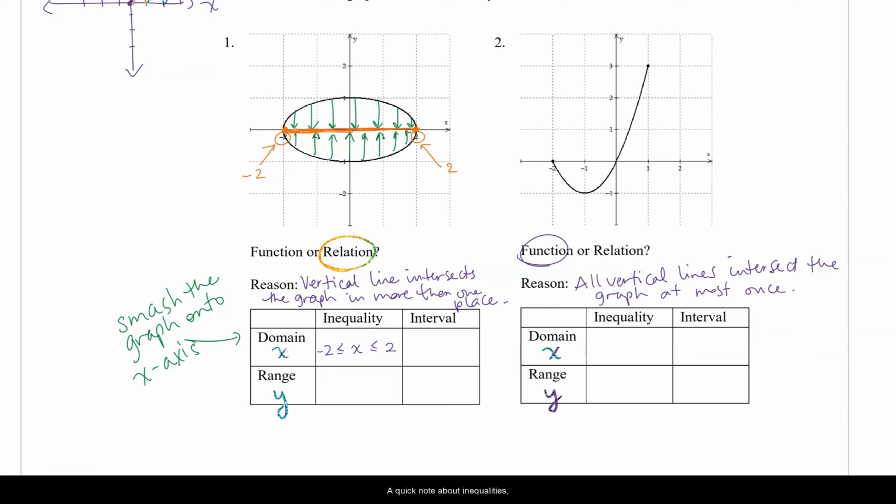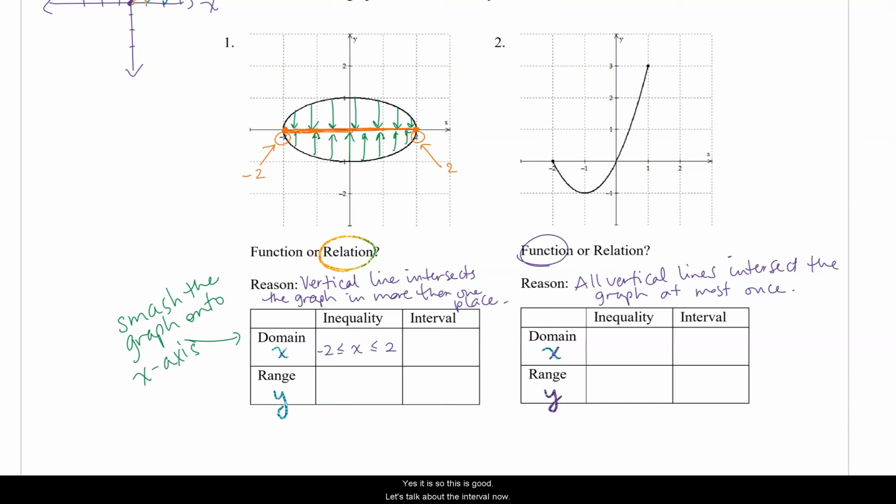A quick note about inequalities: if you're creating an inequality like this one, the inequality symbols must be facing in the exact same direction. Because if I cover up any one piece of that inequality, I have to make sure that the inequality statement is true. So use your finger and cover up the x. Is it true that -2 is less than or equal to 2? Yes, it is. So this is good.